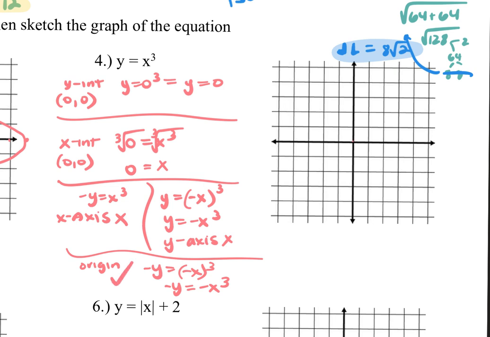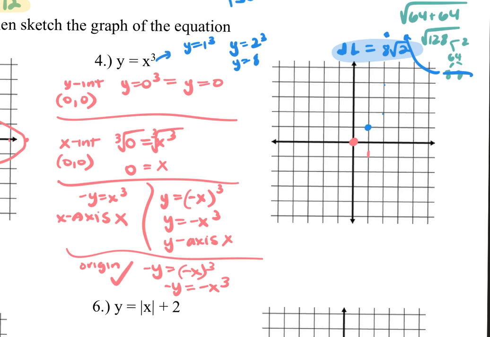So the only point I have is 0, 0, which means I need to plug in some points. If I plug in 1, for example, y would equal 1 cubed, and that's 1. If I plug in 2, y would equal 2 cubed, and that's 8. So now I'm taking it all the way up here somewhere.